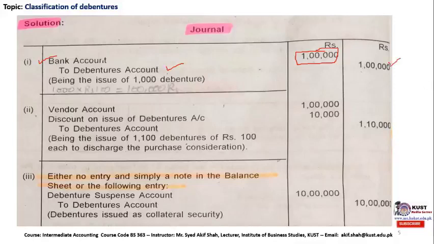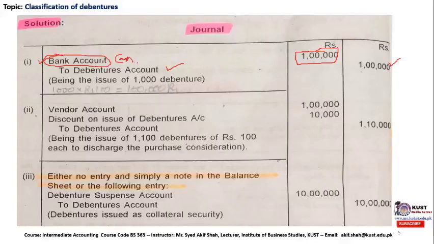So the debenture account, which is the company's liability account, shall be credited because increases in liabilities are recorded by credit, and the cash available in the bank can be transformed into the cash account of the company.